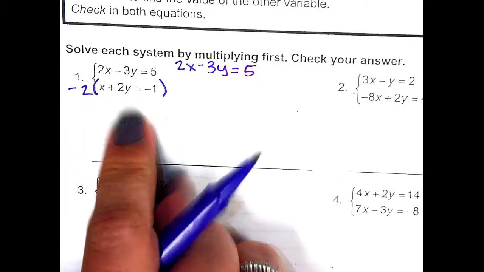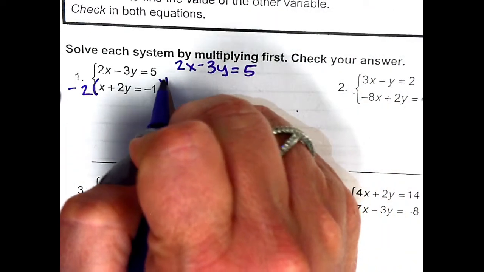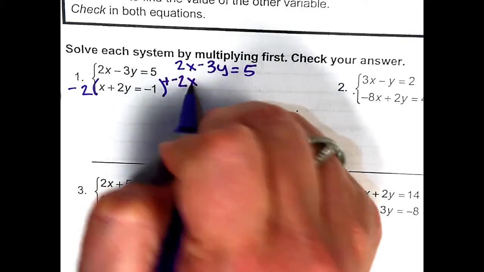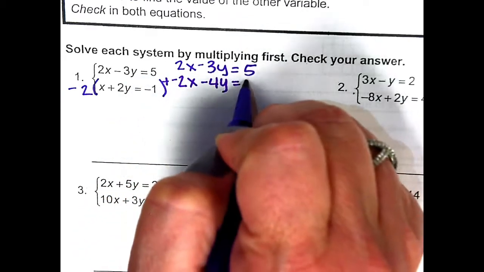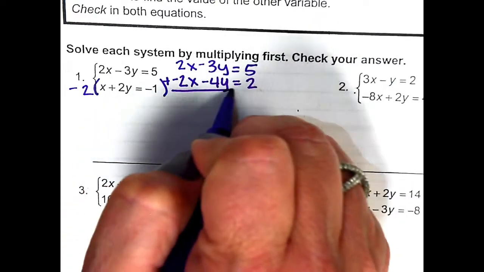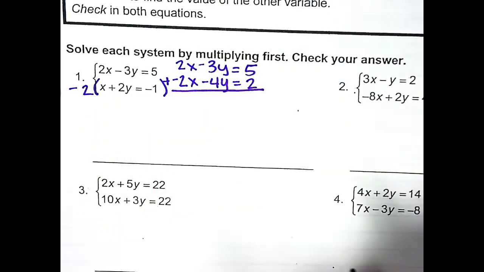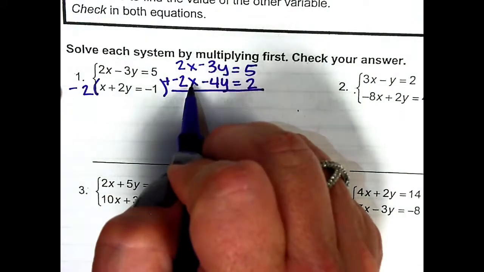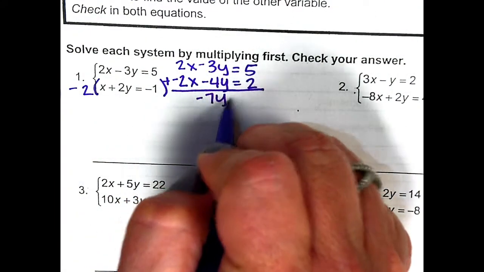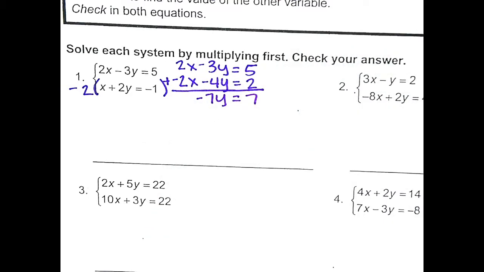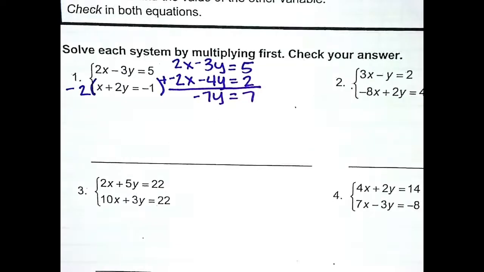And when I multiply by -2, I have -2x minus 4y equals 2. Okay, and I'm going to add those together. 2x and -2x cancel, so I have -7y equals 7. And I'm going to need to divide both sides by -7.